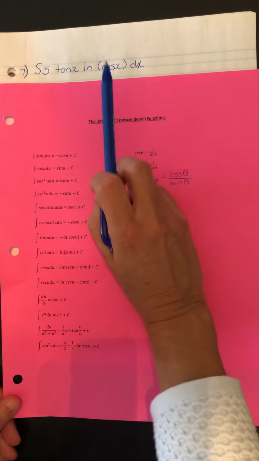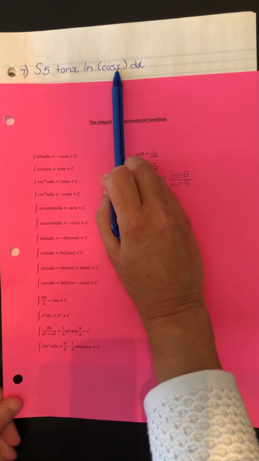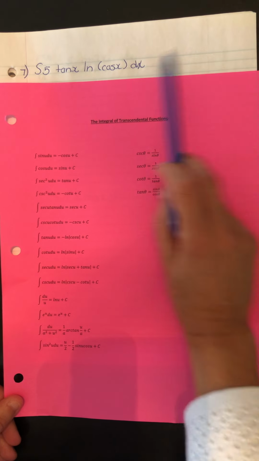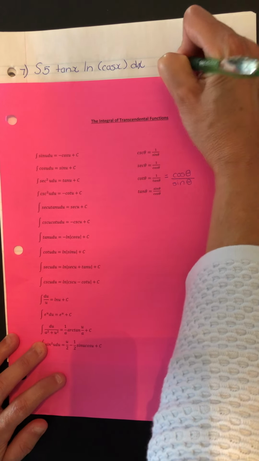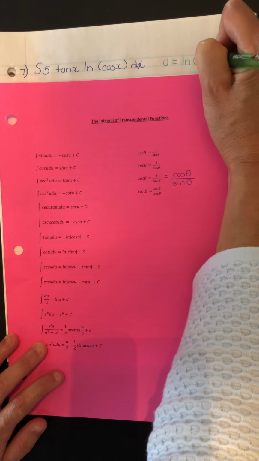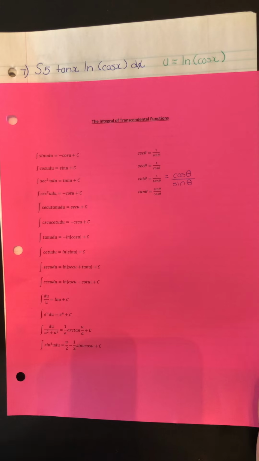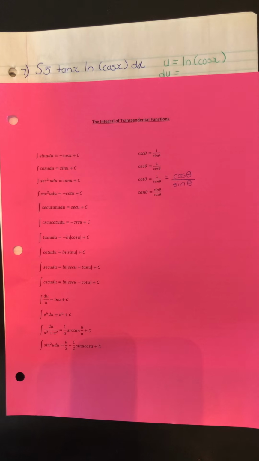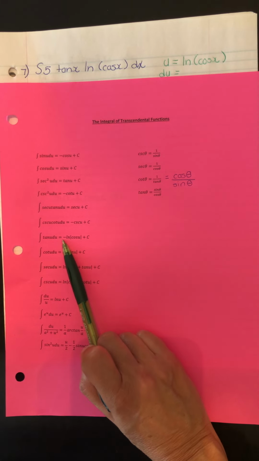I guess another possibility might be calling cosine of x u. But if you did that, the derivative of cosine is just sine. That's not in here either. So eventually you would realize that what you need to call u is this whole ln function. Make u the ln of the cosine of x. What would its derivative be? Well, let's find the ln of the cosine of x on the right-hand side. Here it is, but it's preceded by a negative sign.